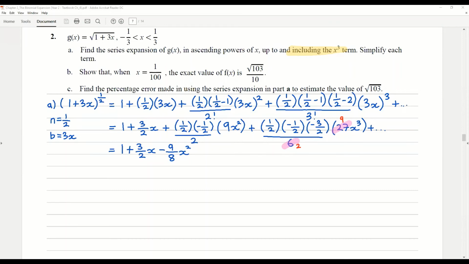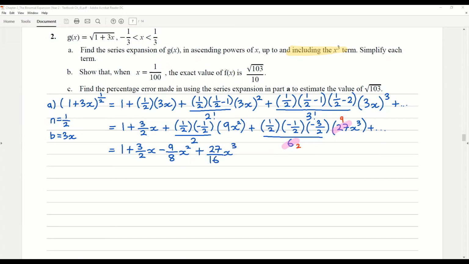So it's 27. We have a double negative, so that's going to be plus, and that's in keeping with the pattern of plus, minus, plus, minus, etc. Okay, so it's going to be plus 27 on the top, and then we have 2 cubed in the denominator of the fractions, and then another, divide that by 2, so it's 2 to the power 4 essentially, which is of course 16x cubed.